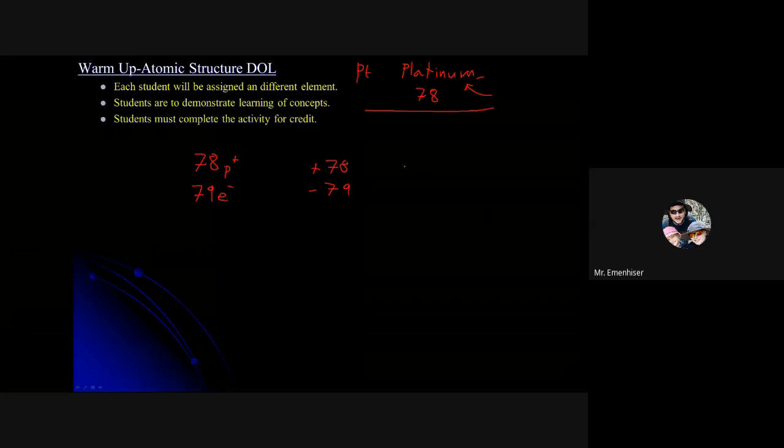So what will happen is 78 protons will cancel with 78 electrons. So those will cancel out. And so everything except one electron will be still remaining, right? If I had 78 protons, so think about tug of war. If I had 78 protons over here and 78 electrons here, wouldn't they cancel each other out?